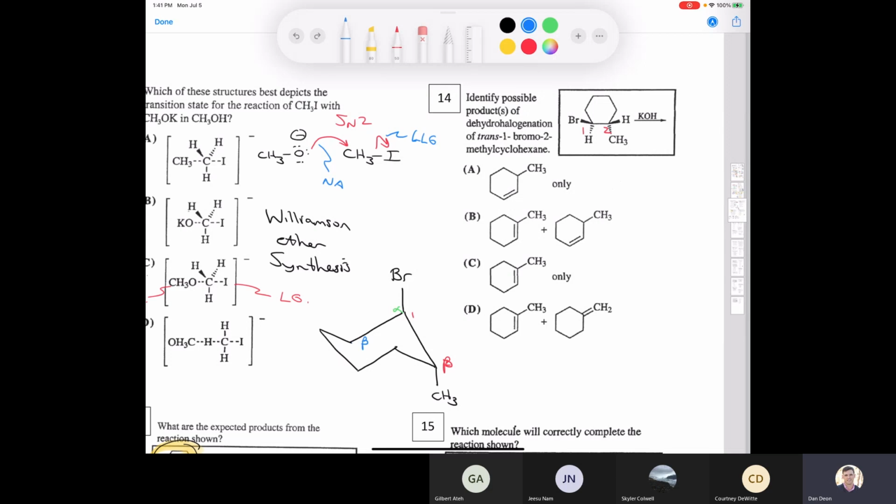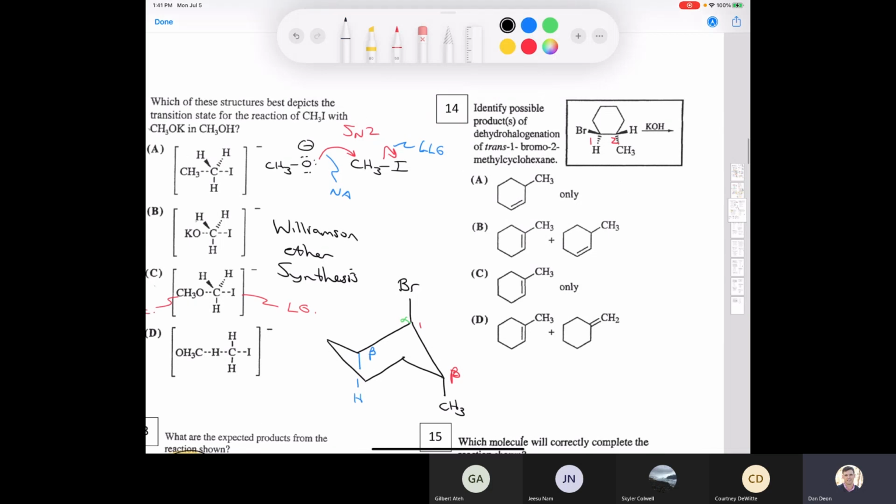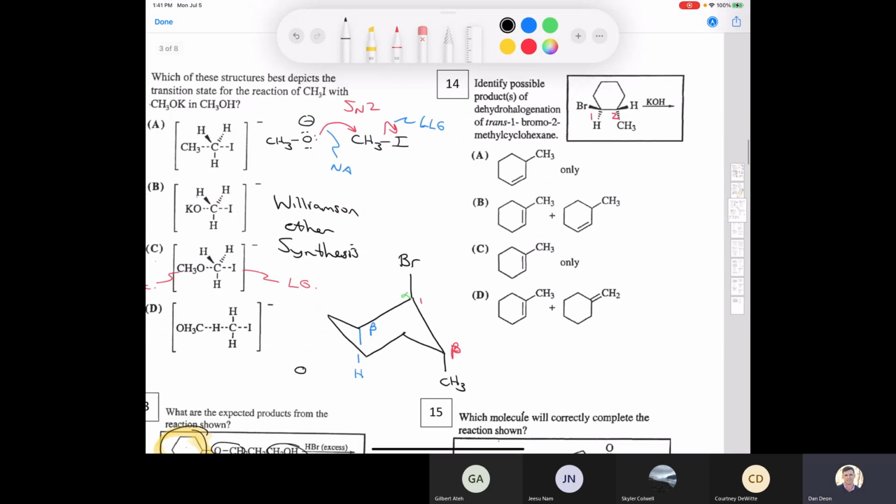And the reason why is because this proton is anticoplanar. So then the hydroxide can come in as a base, abstract this proton, you form the double bond, and you lose the leaving group like that. Whereas this proton that I'm going to draw in green is a beta proton, but it cannot be eliminated because it's not antiperiplanar.